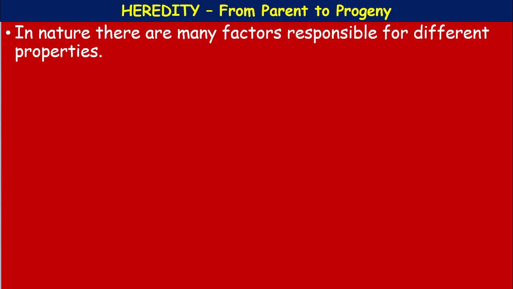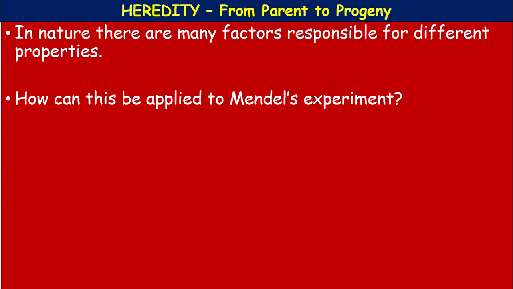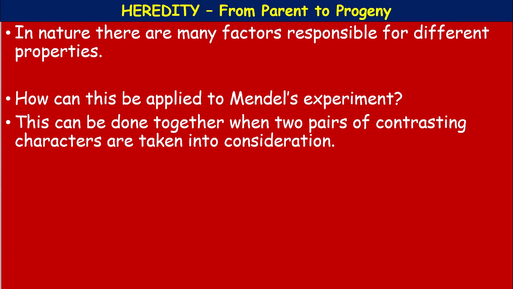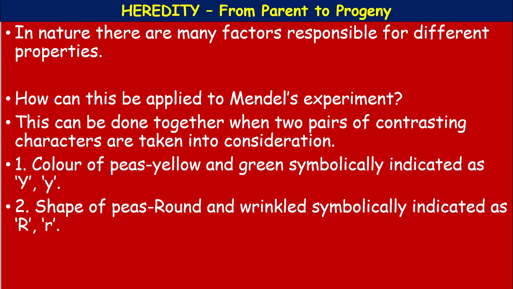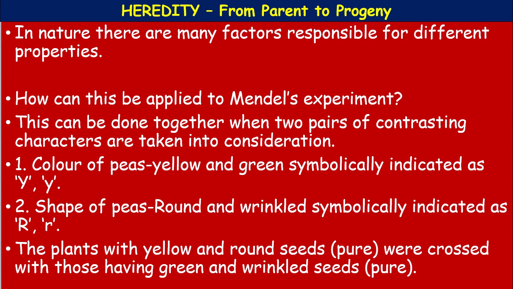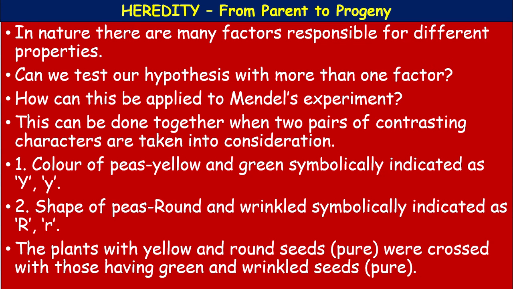Next, in nature there are many factors responsible for different properties. How can this be applied to Mendel's experiment? Can we test our hypothesis with more than one factor?